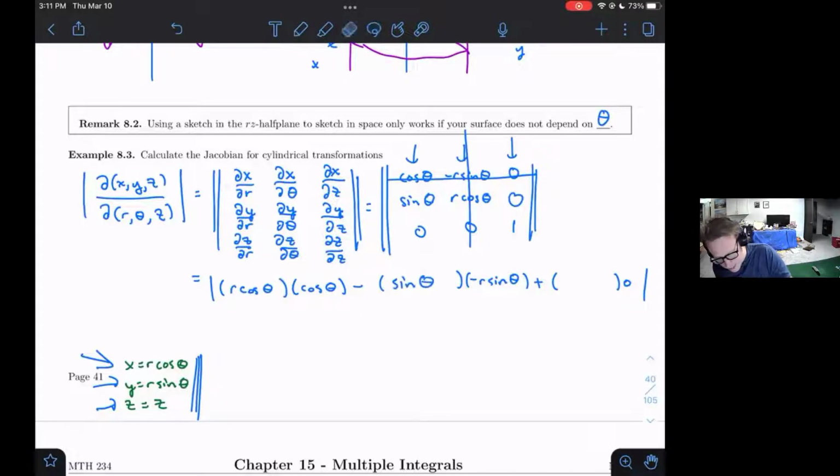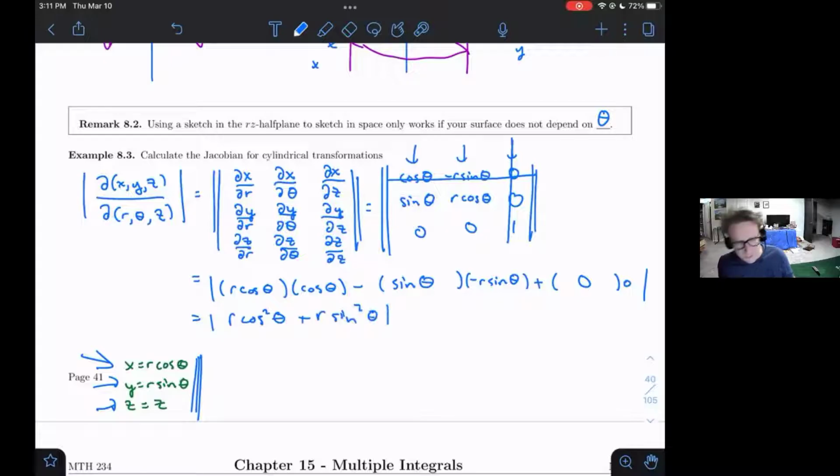And finally, I don't really care so much here because I'm multiplying by 0, but if I cross off that first row and third column, I'm going to have 0 minus 0. So that's 0 times 0. Okay. Well, that's going to be the absolute value of r cosine squared theta minus a negative. That's going to be plus r sine squared theta.